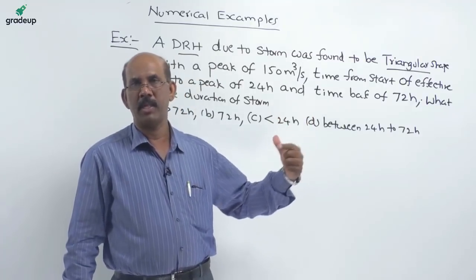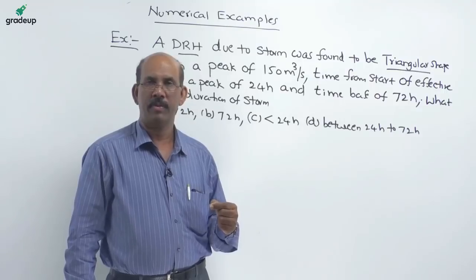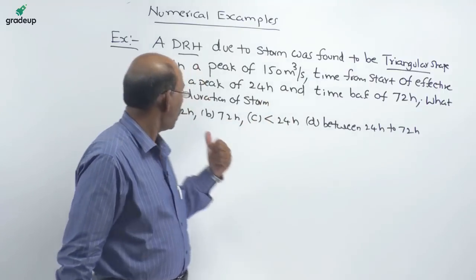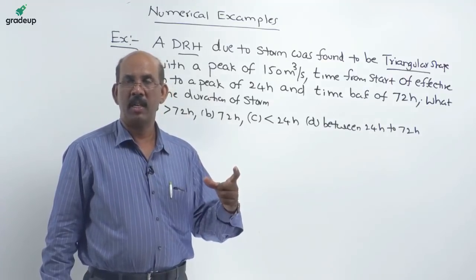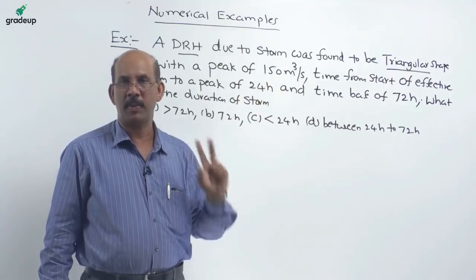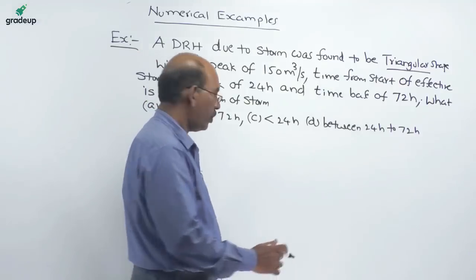we can see from this example, first the shape of the hydrograph, starting from the effective rainfall, that is the effective storm, the duration, and also it mentions when the peak flow is going to occur and what the base period is. So, first draw the hydrograph.